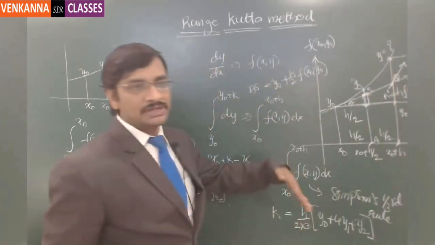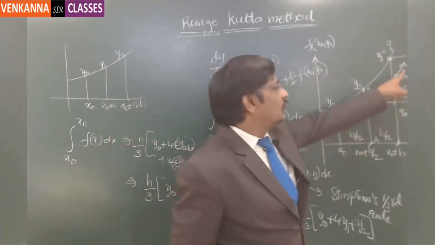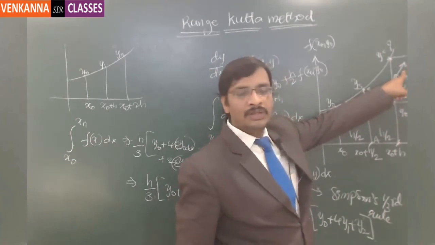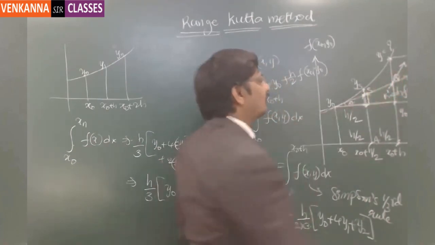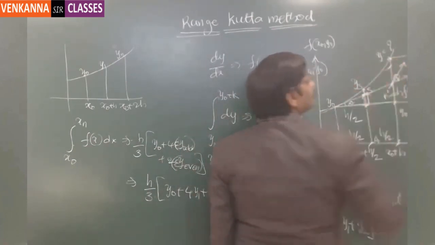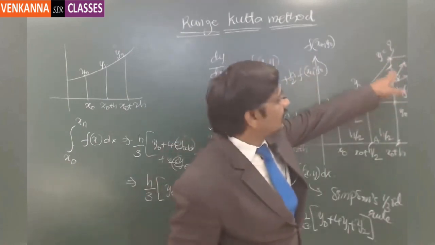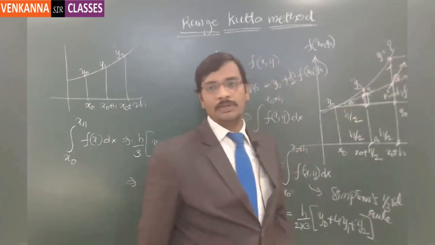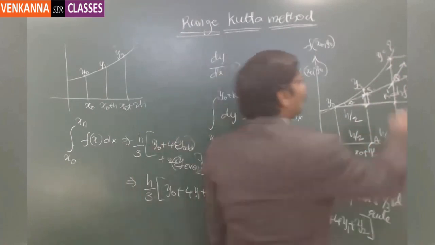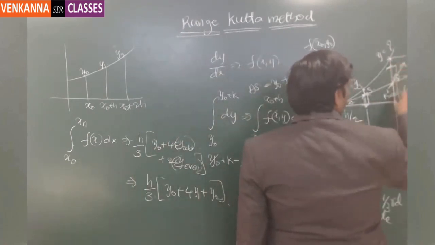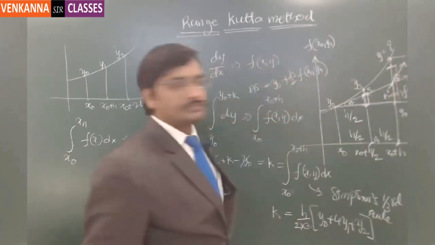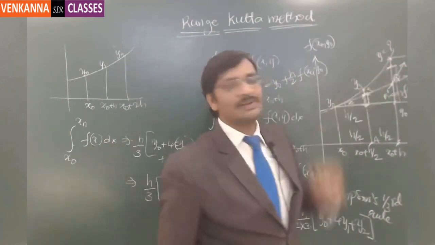So in the next iteration, you consider this slope for calculating the value which is better than this. So this is a little closer if you consider this slope at this particular point. So this value we will be calculating now from here to here. Got it? So this is the improvement in case of Range's method.